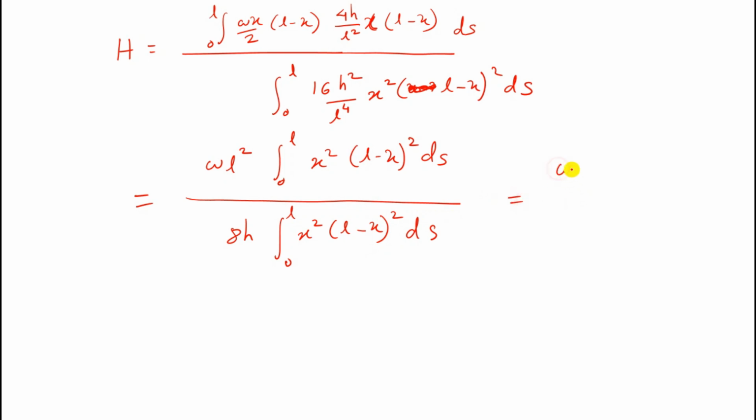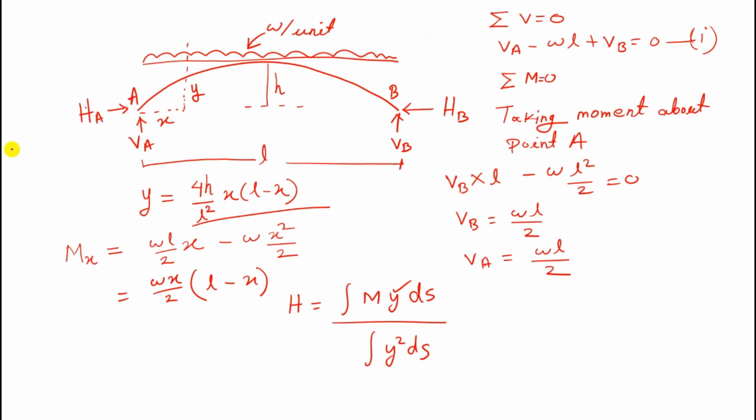So the answer will be W L square by 8h. So W L square by 8h will be the answer, horizontal thrust.